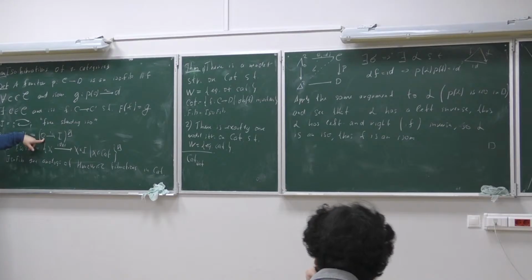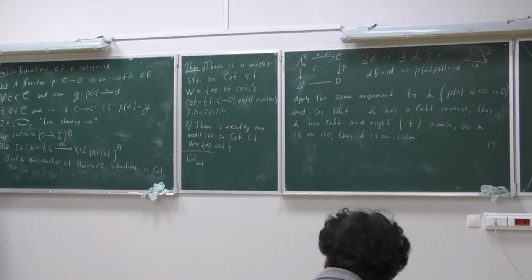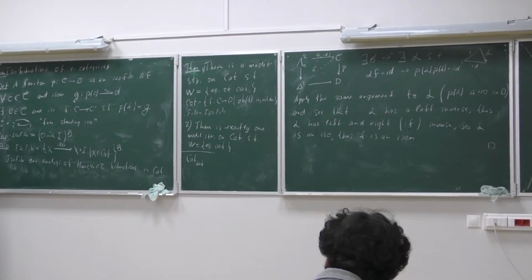And I believe that from this, it's not hard to deduce the second statement. Well, you still need to do something. The value of the second statement is that W determines everything. Right? Yes, it's really unusual for model categories.